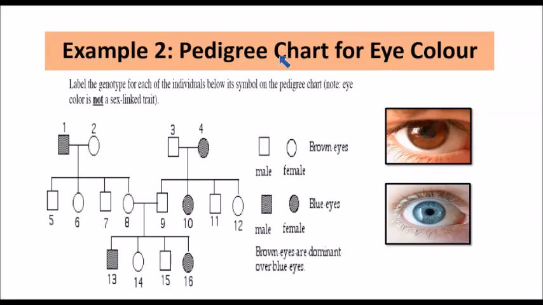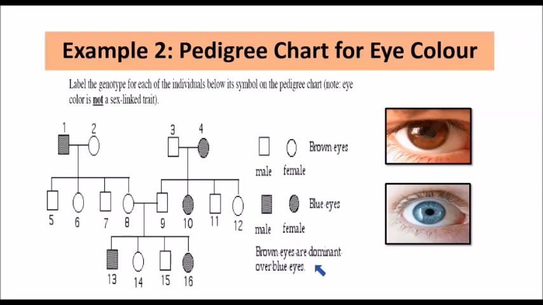Okay, in this second example, we are looking at a pedigree chart for eye color. So we have brown eyes versus blue eyes. So we're seeing that this is a particular trait that we're looking at. So eye color. So brown eyes. So based on the key here, the brown eyes are represented by the unshaded squares and circles, and blue eyes are represented by the shaded squares and circles.